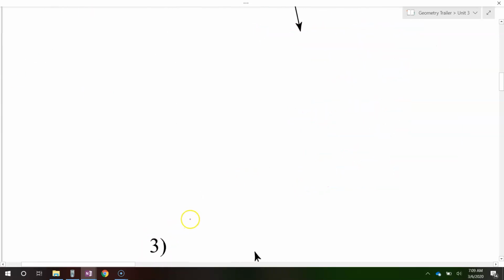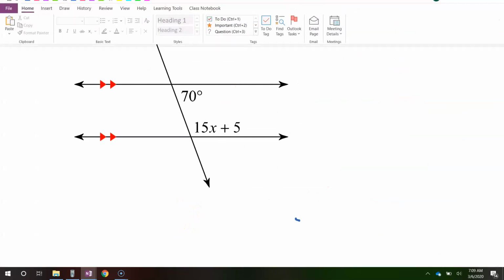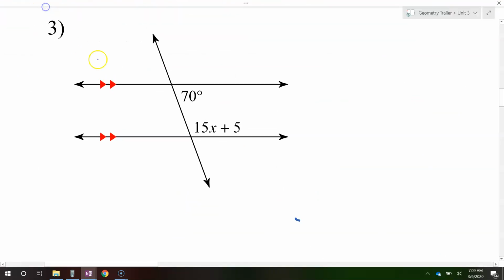All right, on to problem number 3. What kind of angle pair is this? Well, these are consecutive interior angles, or same side interior angles. And since the lines are parallel, these should be supplementary.